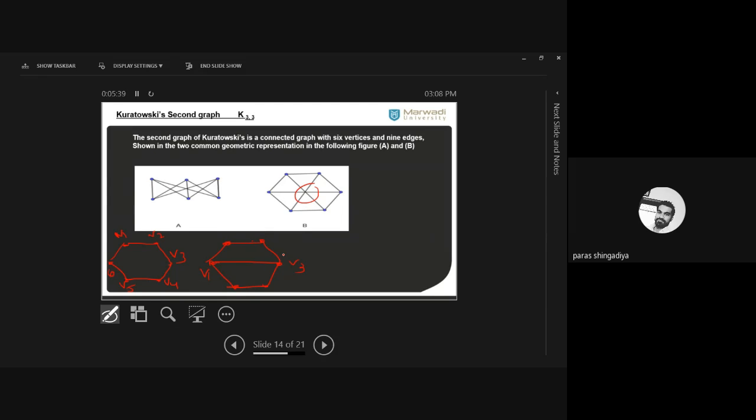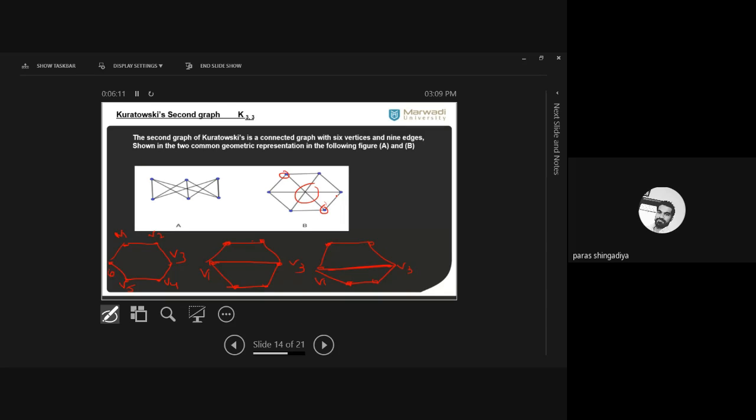Consider this graph as it is here. This connection stays as it is, V1 and V3. Now let's connect this vertex and this vertex, that is V1 and V4. So we cannot connect it to the inside. If we connect it to the inside, it will cross the inside edge. So we have only one choice to connect V1 and V4.